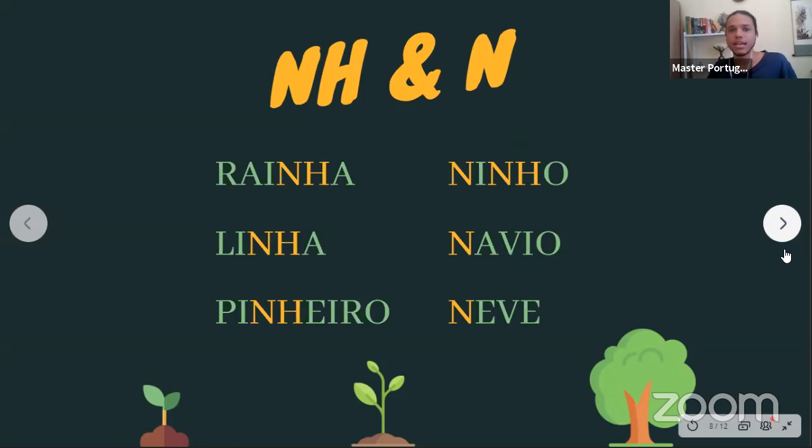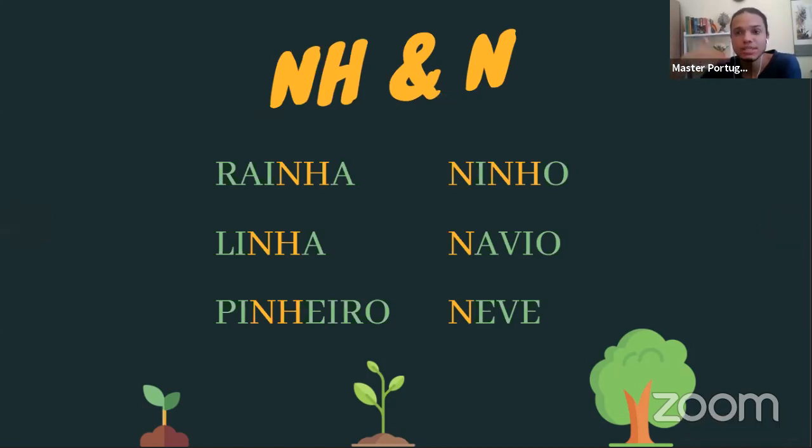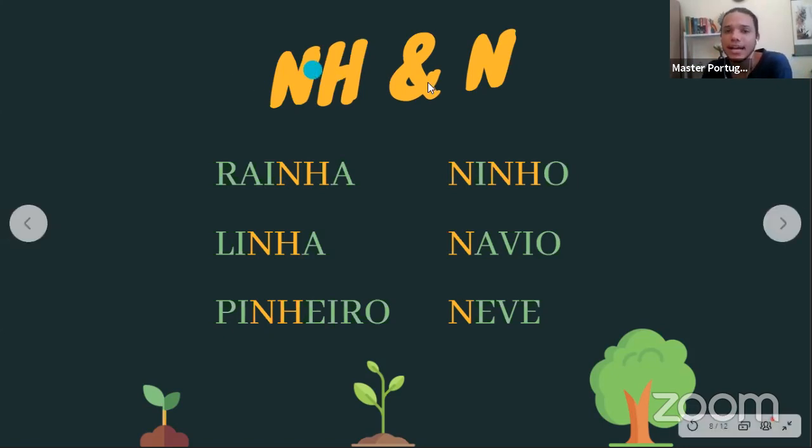Now, NH. So this video will be available for you to rewatch and practice if you want to, okay? Listen: rainha, nha. This NH is pronounced nha, whereas the N just by itself is na.